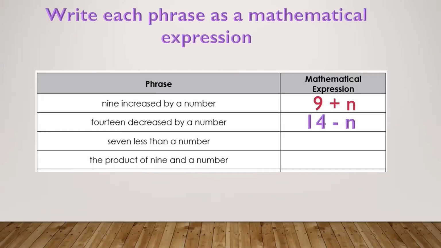7 less than a number. Write down what you think this would be. So how many of you wrote n minus 7? Probably a few of you, but most of you probably wrote 7 minus n, meaning you put the 7 first. If you did that, it is wrong.